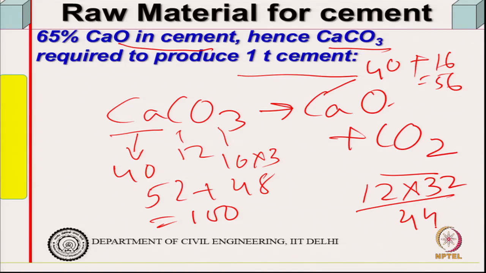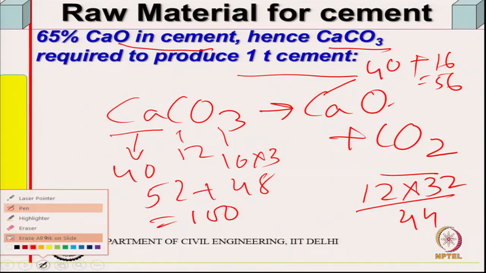This is what it is. So, if I want to produce 1 ton of cement, I can calculate it, because 1 ton of cement will have 0.65 ton of calcium oxide.